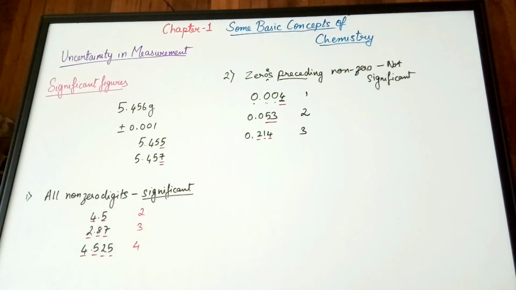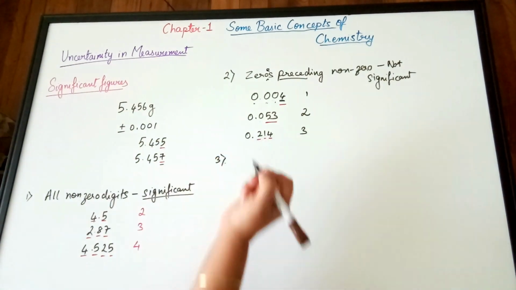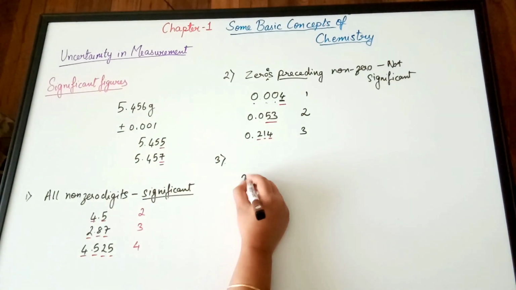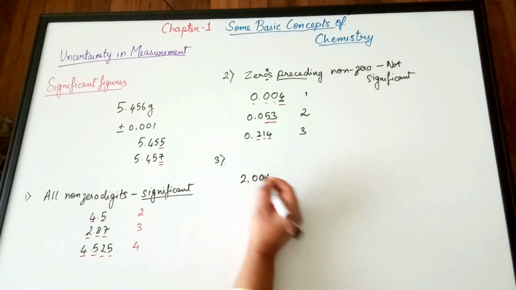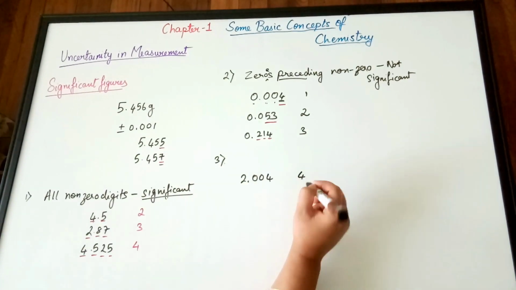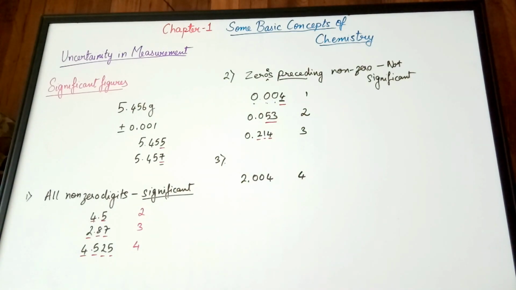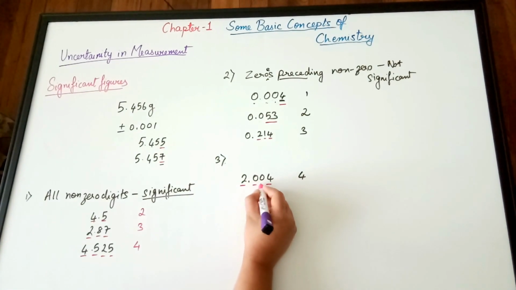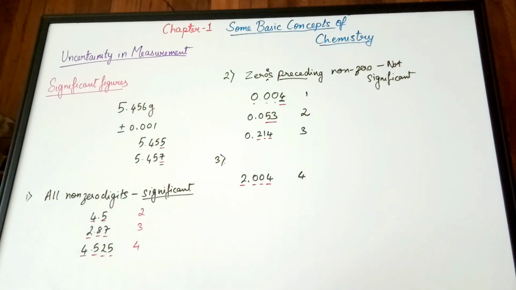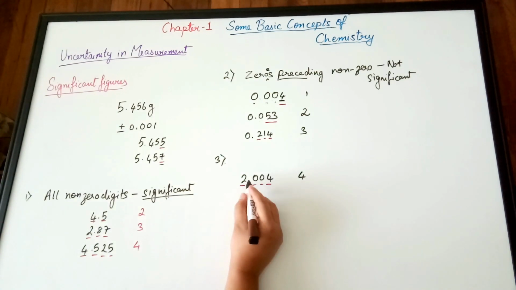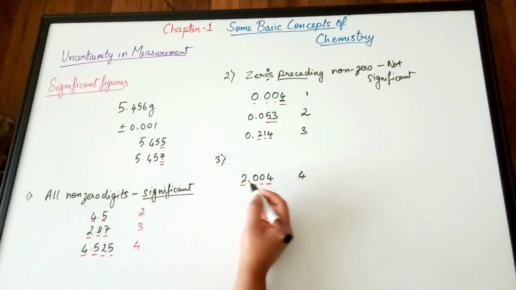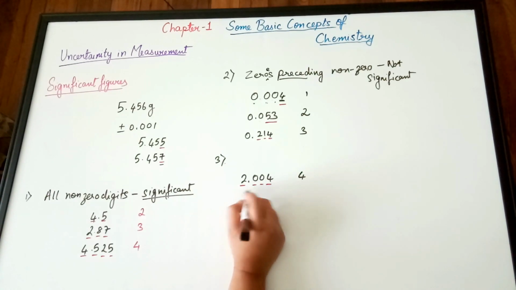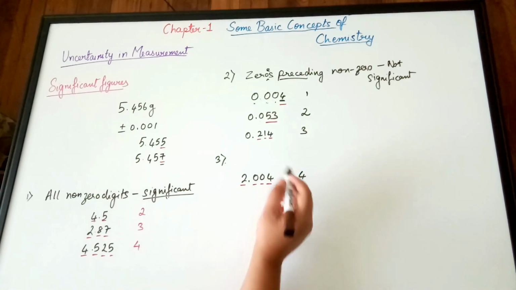The third rule is actually pretty simple. Again, we'll do 2.004. Now this one has 4 significant figures. This is because the zeros which are present in between the non-zero digits are considered significant. These two zeros are in between 2 and 4. Because of that, these two are also considered significant, thereby making the total number of significant figures in this number 4.